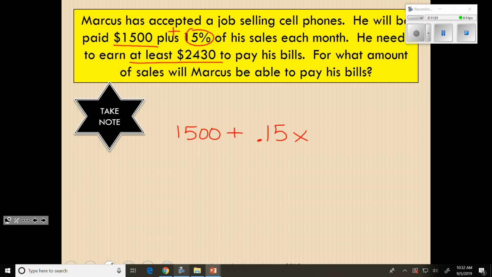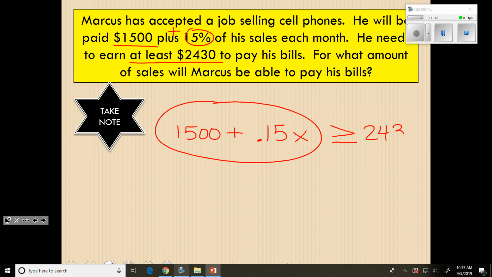So we're going to say 1,500 plus 0.15 times x, which is 15% of his sales. The amount he earns needs to be greater than or equal to the amount of his bills. It's okay for him to make more, but he needs to make at least that to pay his bills.